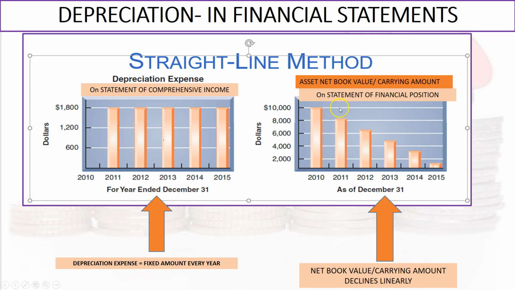Now, when it comes to the statement of financial position, you need to record the cost as well as the accumulated depreciation. So you will see that the net book value, or we call it the carrying amount, would be reducing linearly like this. Okay, again, net book value or carrying amount means cost minus accumulated depreciation.